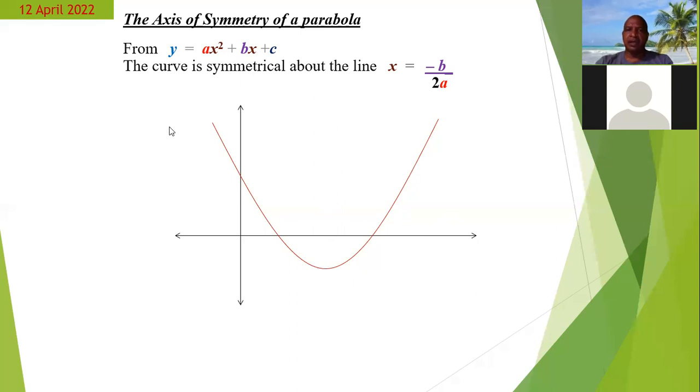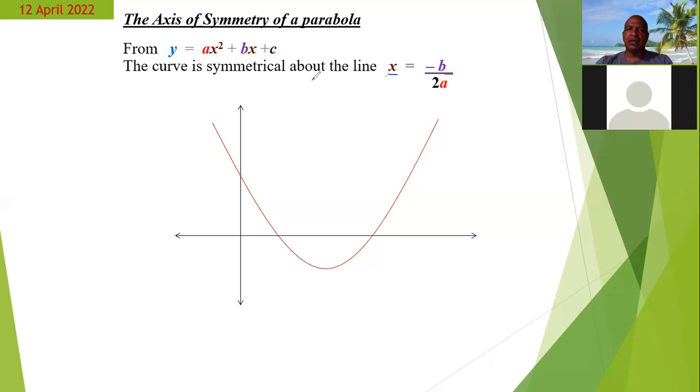All right, but for this axis of symmetry, just knowing the equation, we can calculate the x value, and the x value is given by this formula. So wherever this x value occurs on your line, by putting in these values, minus b over 2a, you will find the x value through which the axis of symmetry will pass.